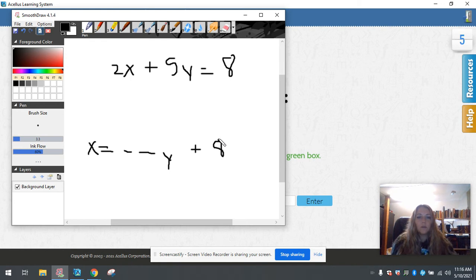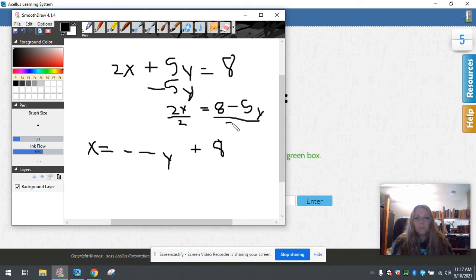Okay, so we are going to subtract the 5y from both sides first. And if we do that, we get 8 minus 5y on this side equals 2x. And then we're going to divide by 2 to get x by itself. And what I do to the one side, I do to the other.